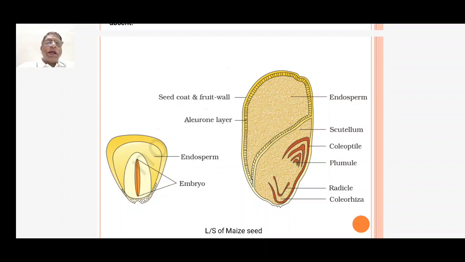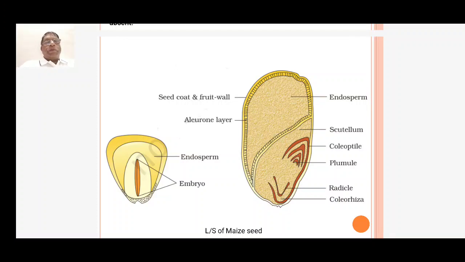Inside this aleurone layer, we can see the endosperm, which is large. Then we come across the scutellum, or the cotyledon. Then we have the plumule. Above the plumule, you can see the coleoptile. At the base, the radicle is there, protected by the coleorhiza. So that's all about the diagram of the maize seed.